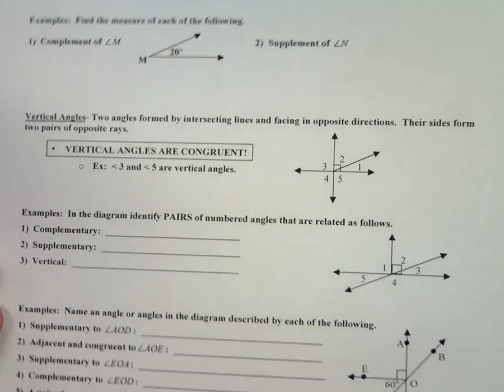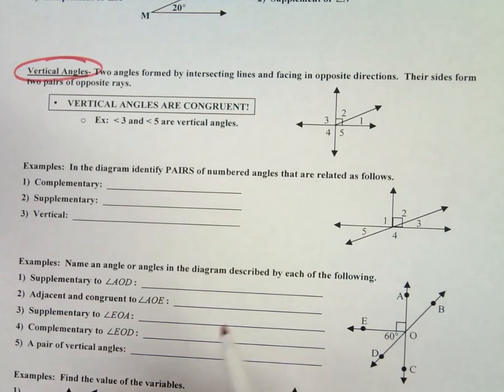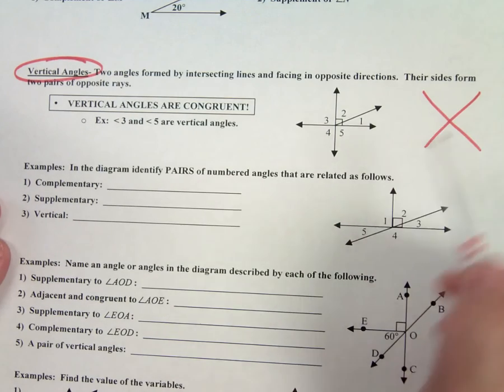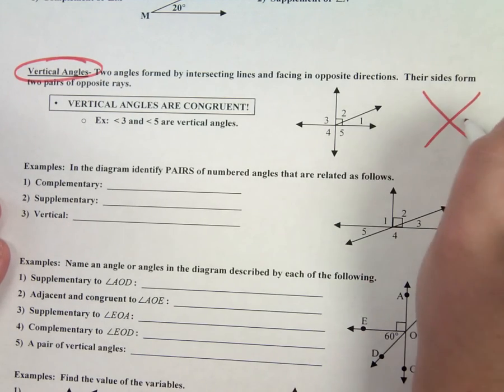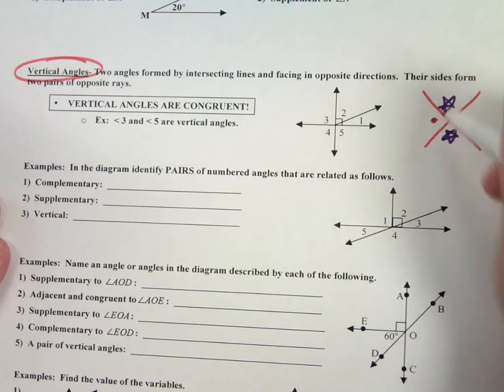Okay, skipping the next couple examples, I'm going to go to our last vocab word of this lesson, and that's vertical angles. So this is the way I like to explain it. If you have lines that make an X, vertical angles are the ones across from each other. These two angles right here, they're vertical. This angle right here and this angle right here, they're vertical.